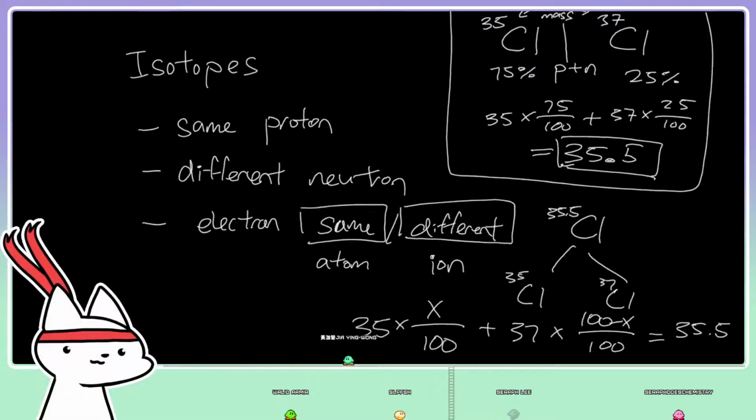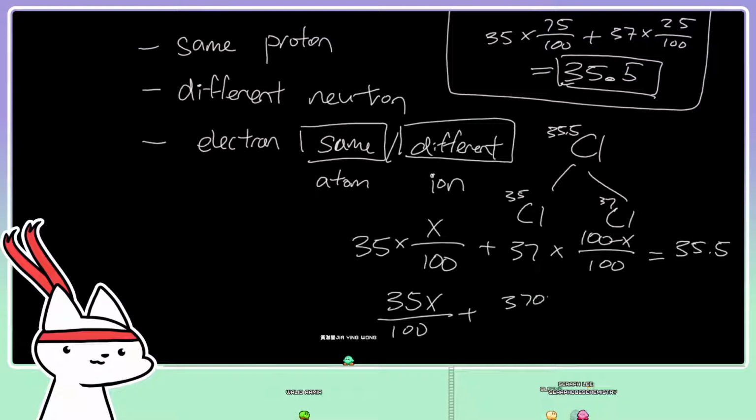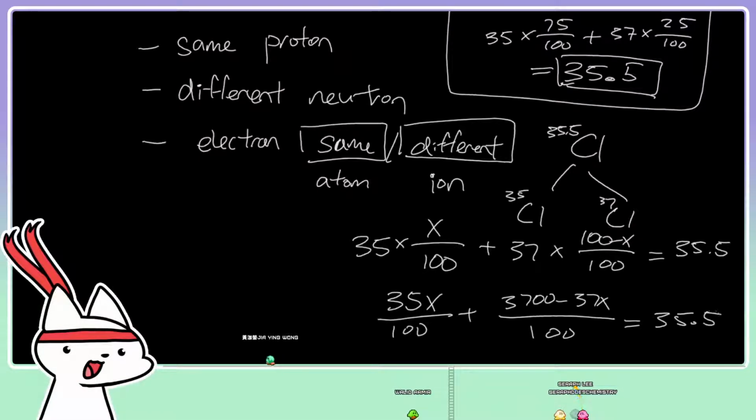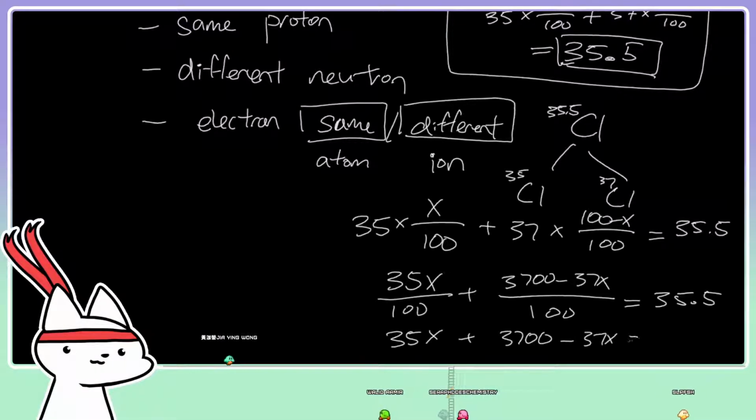Then beyond this, what you need to do is 35x over 100 plus 3700 minus 37x over 100 equals 35.5. Moving forward, it will be 35x plus 3700 minus 37x equals 3550.